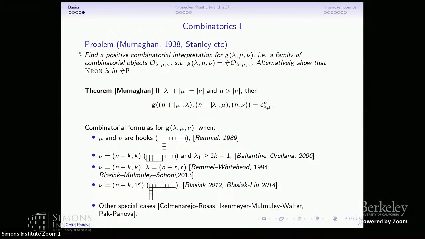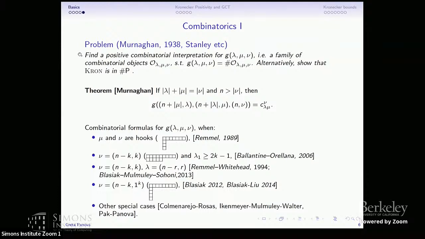Formally it's exactly asking whether this problem is in sharp P or not. And here is basically the proof that it's going to be sharp P hard, because for a very special family of partitions, you can reconstruct the Littlewood-Richardson coefficient. And the Littlewood-Richardson coefficient for another special family of partitions boils down to the knapsack problem, so it's sharp P hard.